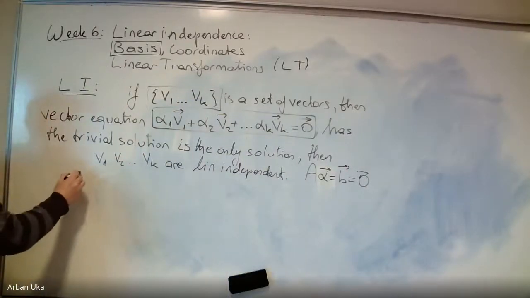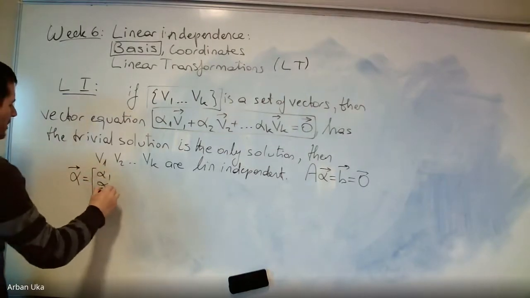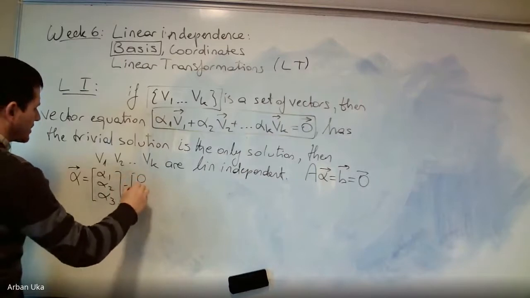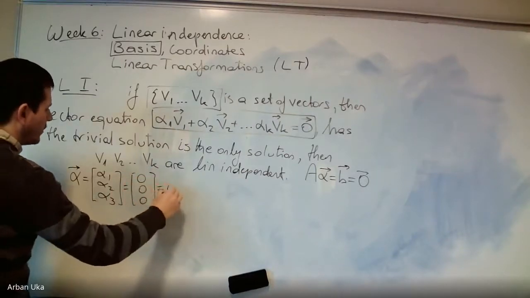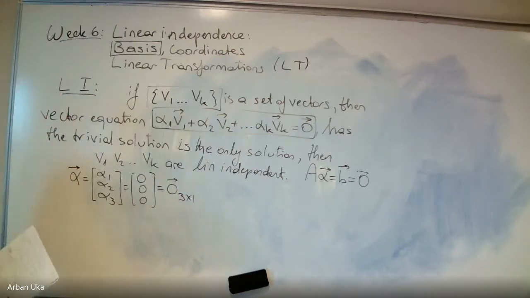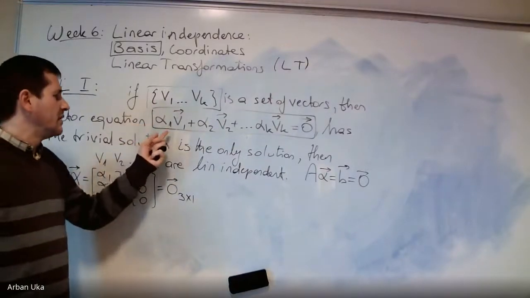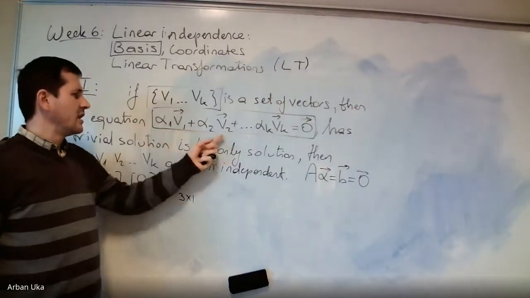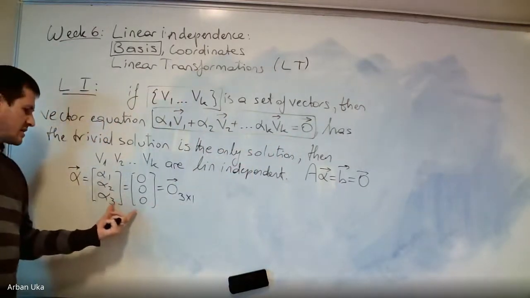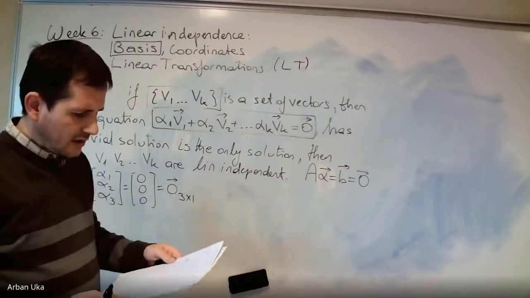Having a trivial solution means that the vector alpha, equal to alpha 1, alpha 2, alpha 3, is the 3 by 1 zero vector. If this is the only solution, which means that we can linearly combine all these vectors and get 0 only when all of these constants are 0, then we call these linearly independent.